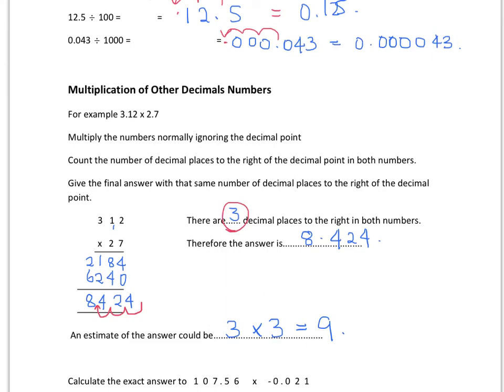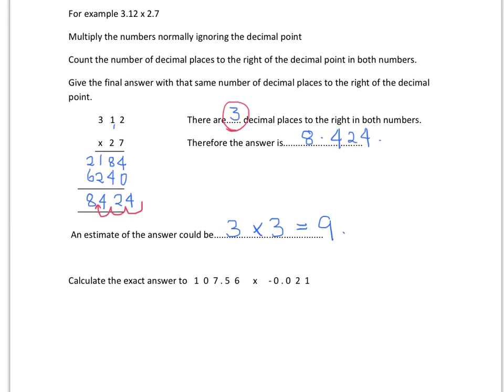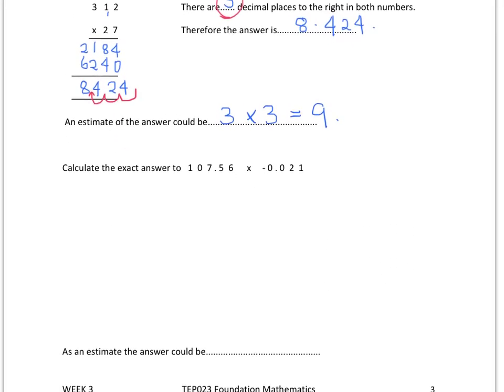Moving on now to another one of these. Now be very careful, some of them are going to have negative numbers involved. For instance, the next one is a positive number multiplied by a negative number. There it is.